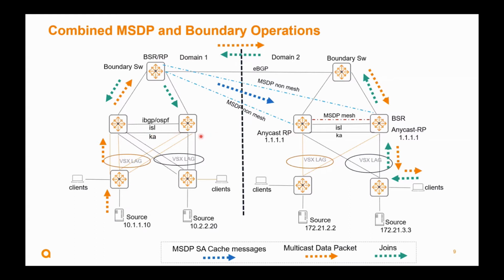And yet both domains do not know about each other's rendezvous points, meaning the other PIM-speaking routers. Only the rendezvous points running MSDP are exchanging that information across the domain, which gives us that flexibility.